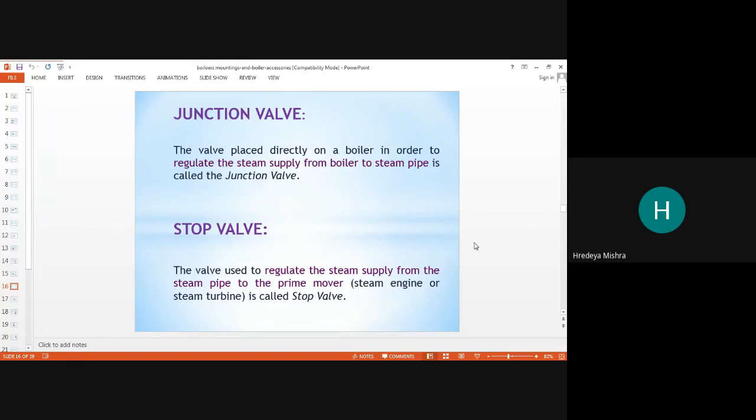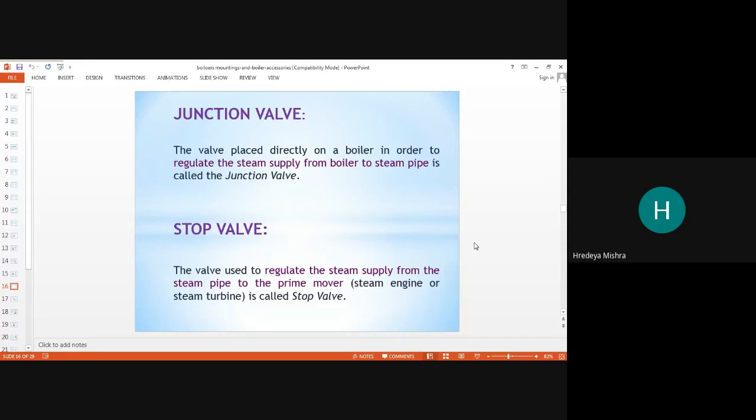So junction valve is nothing but a supply valve which directs the movement of the steam in the pipe. Stop valve is the valve used to regulate the steam supply from the steam pipe to the prime mover. Here the prime mover is a turbine.